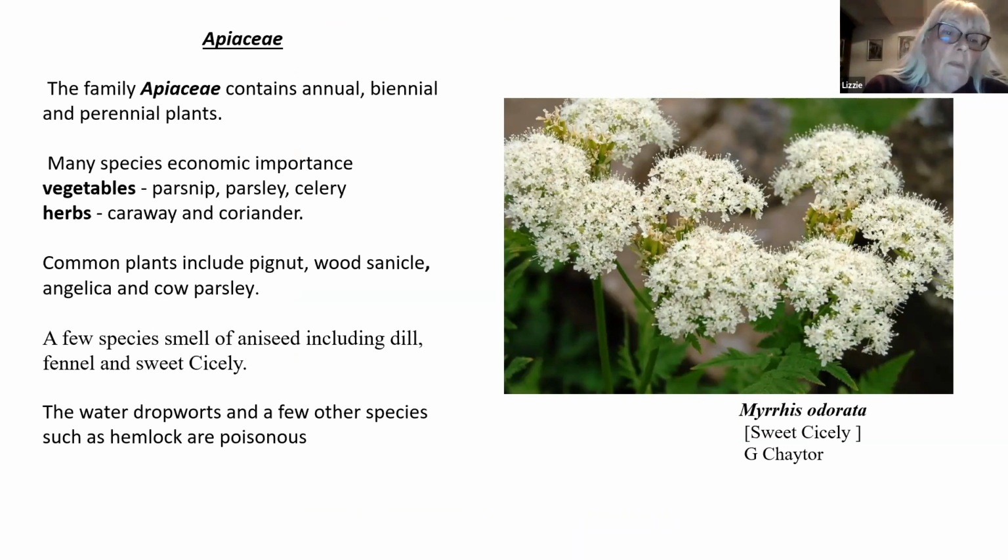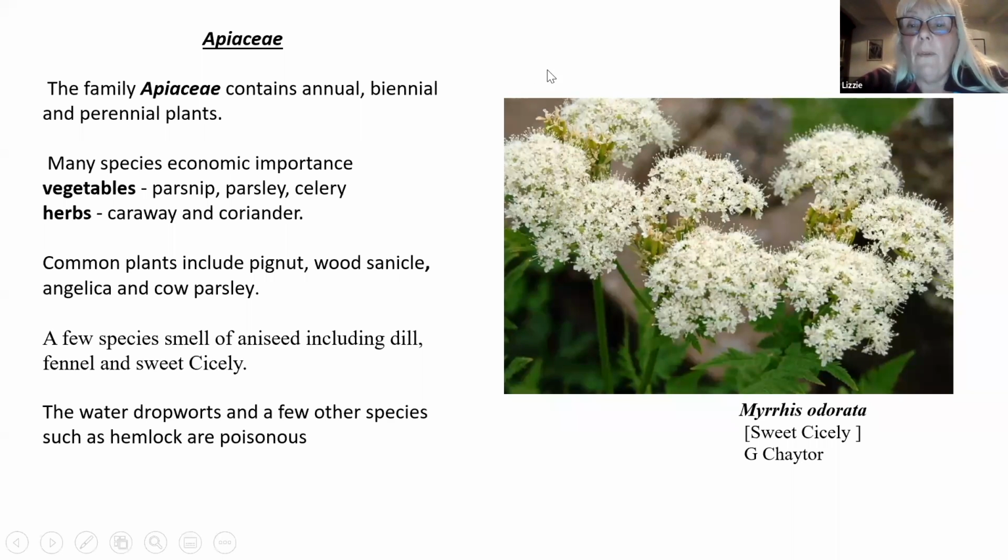And there's quite a lot of common plants in this group, like pignut and the wood sanicle, which should be coming out soon, angelica and cow parsley. There's some nice sweet smelling species in this group, like dill and sweet cicely, and a few poisonous ones like the water dropworts and hemlock. So it's quite a range of interesting species within this group.